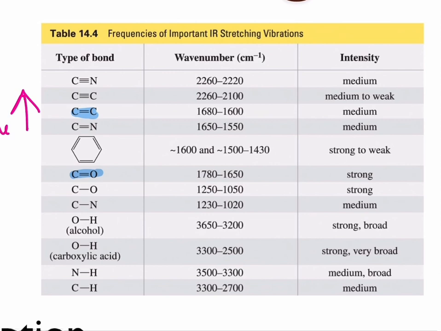You can see that the C double bond C has a lower intensity than the C double bond O. This is because the dipole moment of C double bond O is much greater than the dipole moment of C double bond C. So this has a greater dipole moment, and therefore the intensity of this absorption band is really strong compared to the C double bond C.